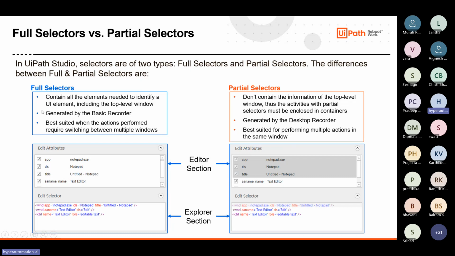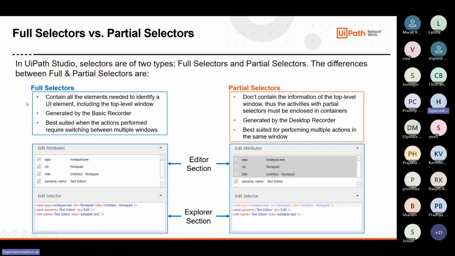Full selectors are used when you want to work on different windows. Let's say that I was working on a web-based application, and after one action, I navigate to another screen related to a desktop application. Then I'll go with the full selectors. With full selectors, all the top level node information with your element node details can be seen here.